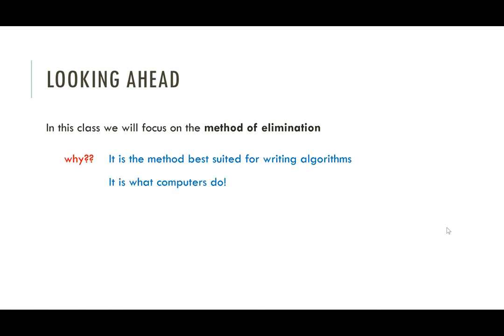And in fact, that is what computers do. We have written algorithms so that computers will solve these equations for us, and the algorithms use the method of elimination. So we are going to see how those algorithms work, and what computers do. That's why we're focusing on elimination.